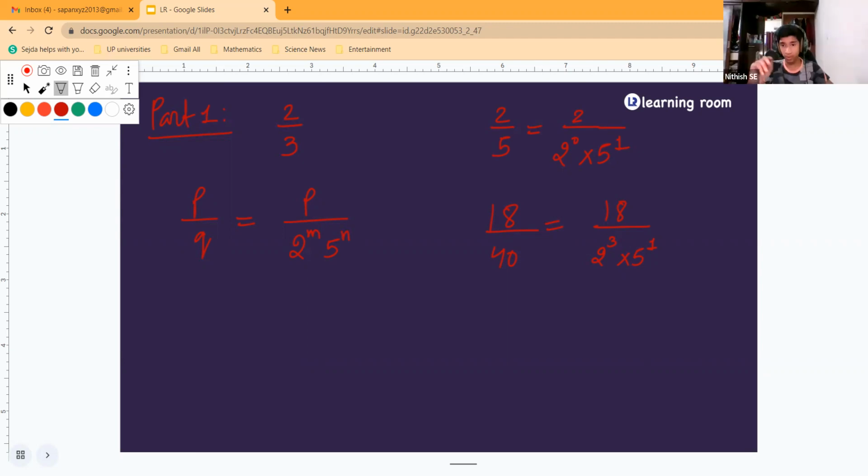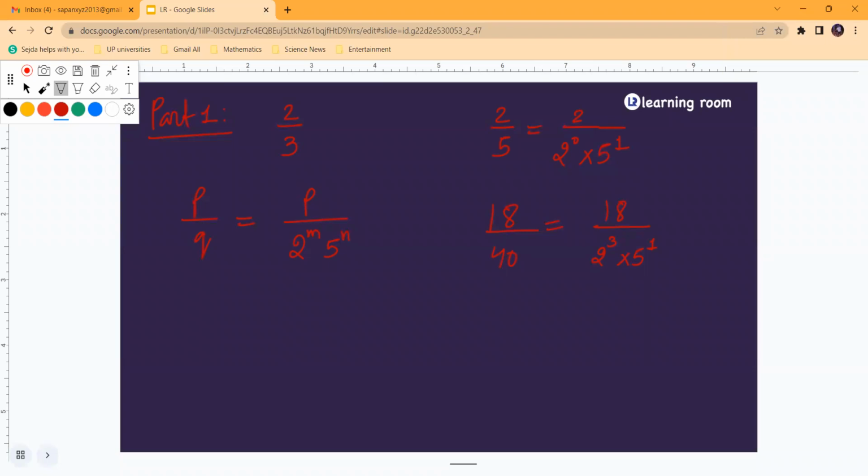It should always be of the form 2 to the power m into 5 to the power n. 2 power 3 is the factorization of 40. Okay. So the power of 5 should always be 1? No, not like that. It can be anything.